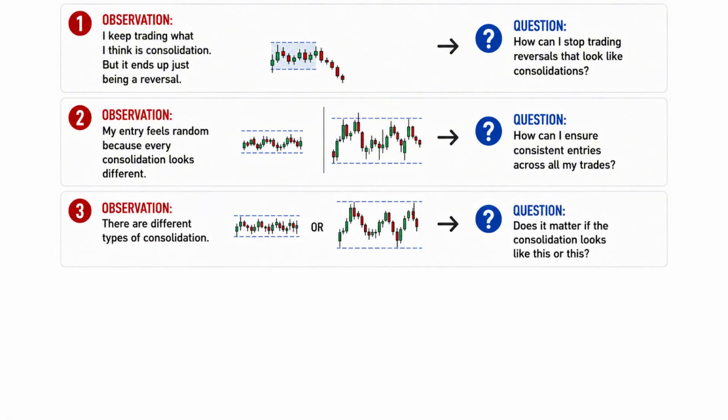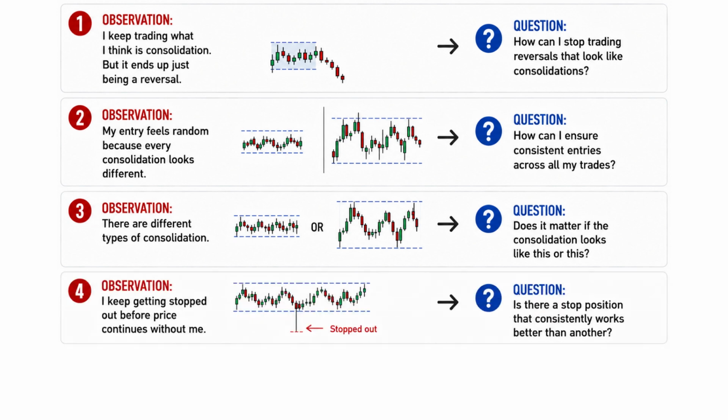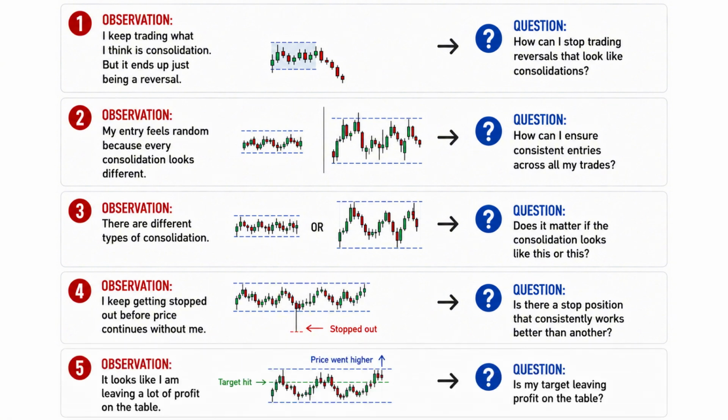Observation: there are different types of consolidation. Question: does it matter if the consolidation looks like this or this? Observation: I keep getting stopped out before price continues without me. Question: is there a stop position that consistently works better than another? Observation: it looks like I'm leaving a lot of profit on the table. Question: is my target leaving profit on the table?